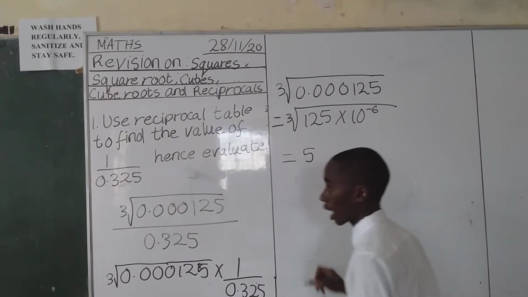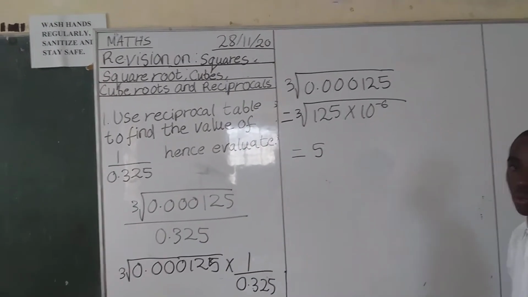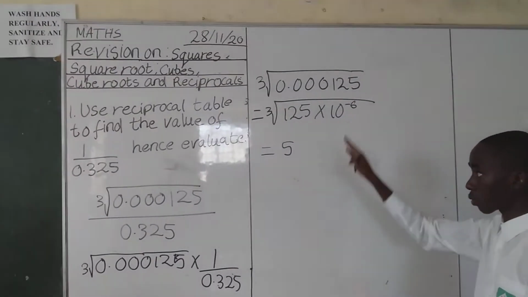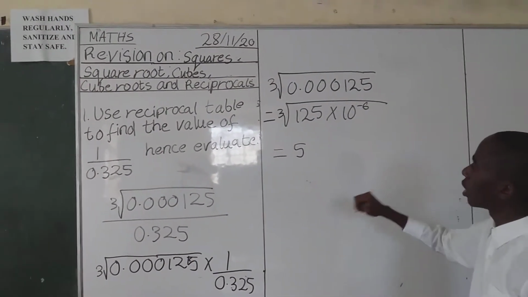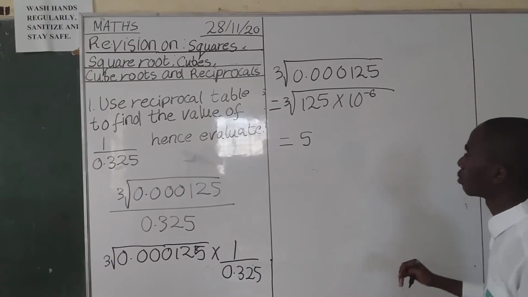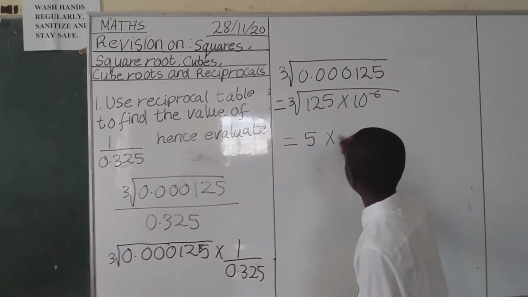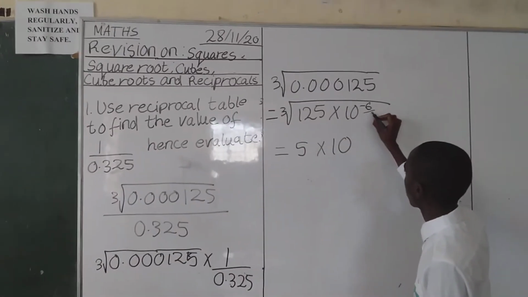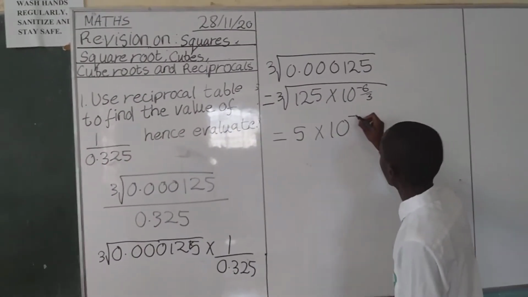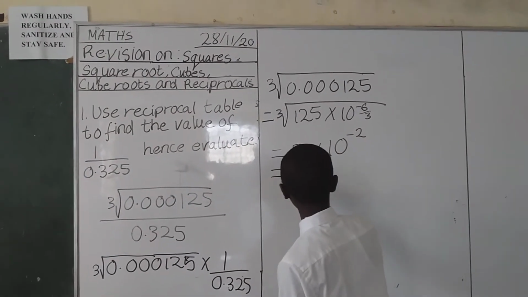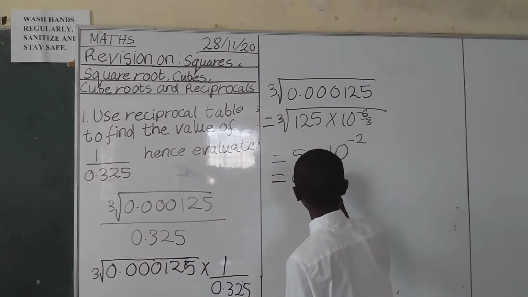But you can also look at your mathematical tables where you do the reverse of the cubing process. You look at the cubes table and you will find 125 in the main column and you will get your cube root. Remember when we are looking for the cube root, we divide the power by 3. So we'll get 10 raised to power negative 2, whereby our cube root will be 0.05.